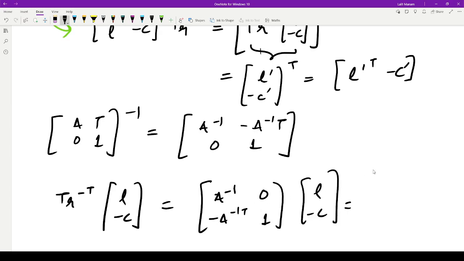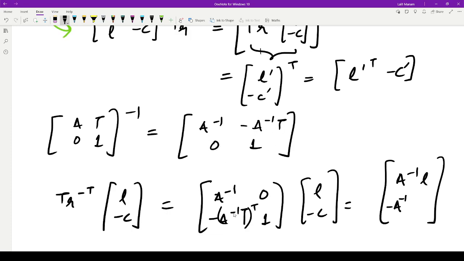What does it give you? The first element will be A inverse transpose L minus C. The second element will be A inverse t whole transpose, because I'm taking transpose of this, right?